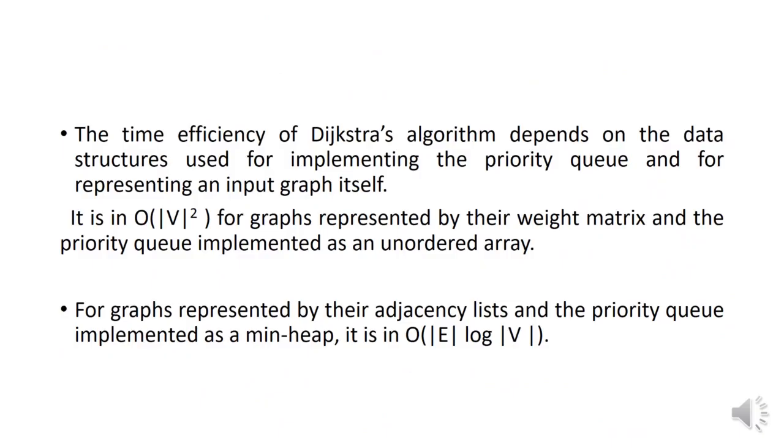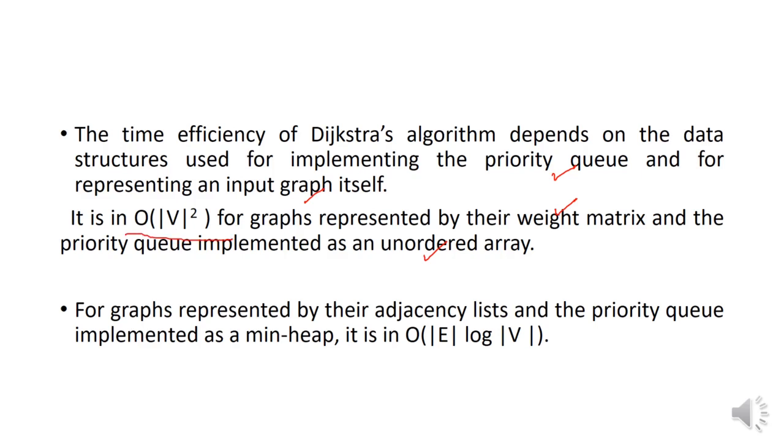Now we'll see the time efficiency of Dijkstra's algorithm. Dijkstra's algorithm's efficiency depends on the data structure that is used for implementing the priority queue and for representing the input graph itself. So if the input graph is represented using a weight matrix, and the priority queue is represented using an unordered array, then the efficiency is order of |V| square.